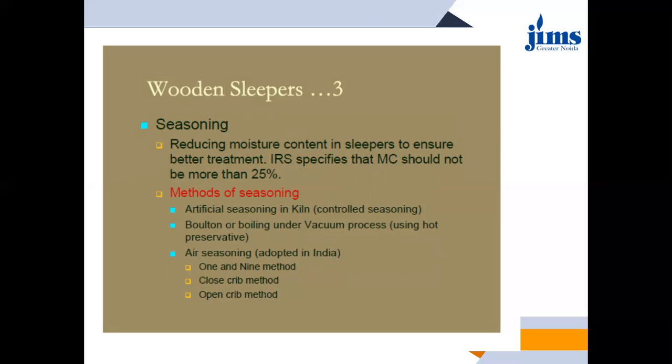Most importantly, the methods used for seasoning of these wooden sleepers were controlled seasoning, then using hot preservative, the vacuum process, boiling under vacuum process, and then air seasoning, which is most widely adopted in India.